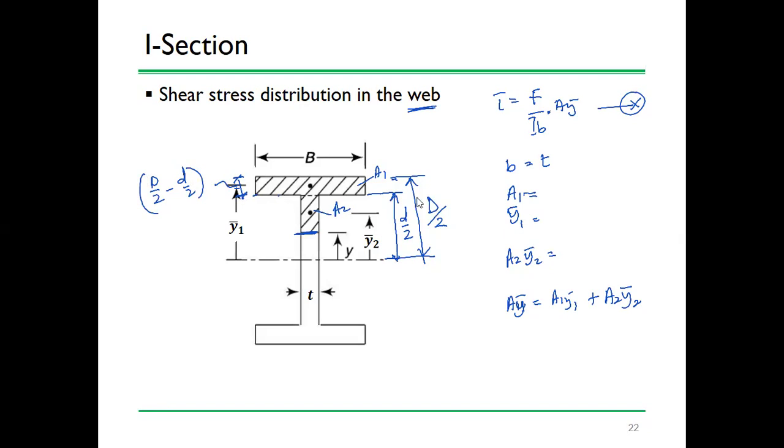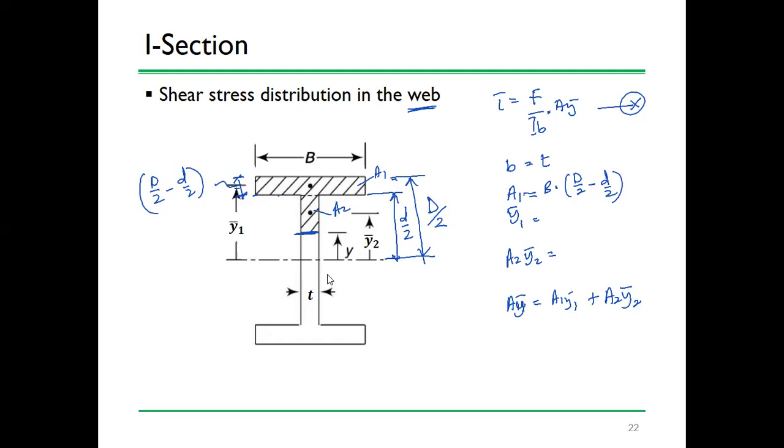Okay. So now the A1 is simply length times breadth, because it's a rectangular section. So A1 is what? B times D over 2 minus small d over 2. Okay.